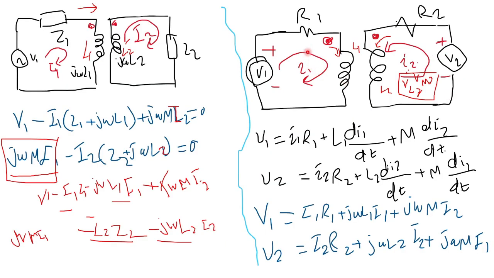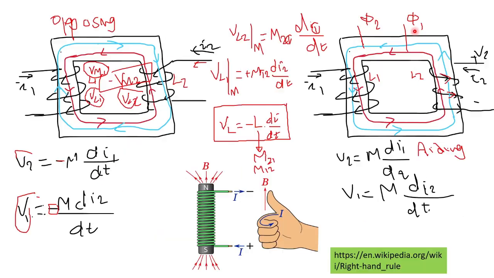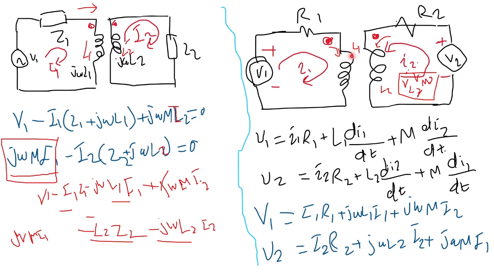If one current enters the dot while the other current leaves the coil at the dot, this means it is an opposing connection case.